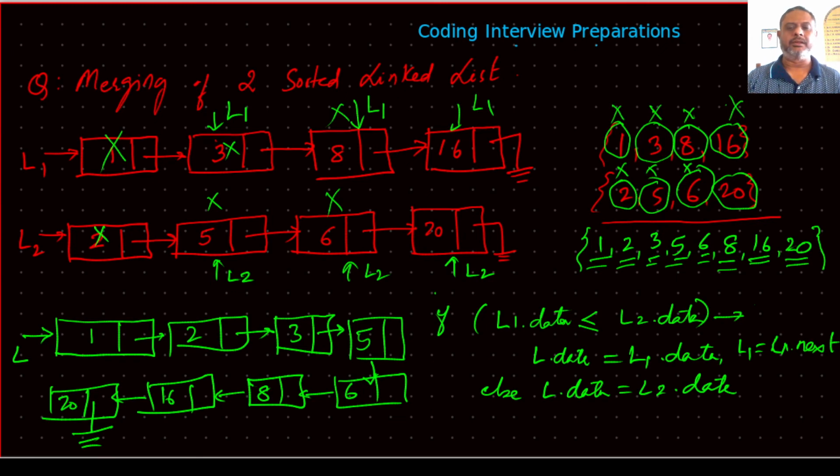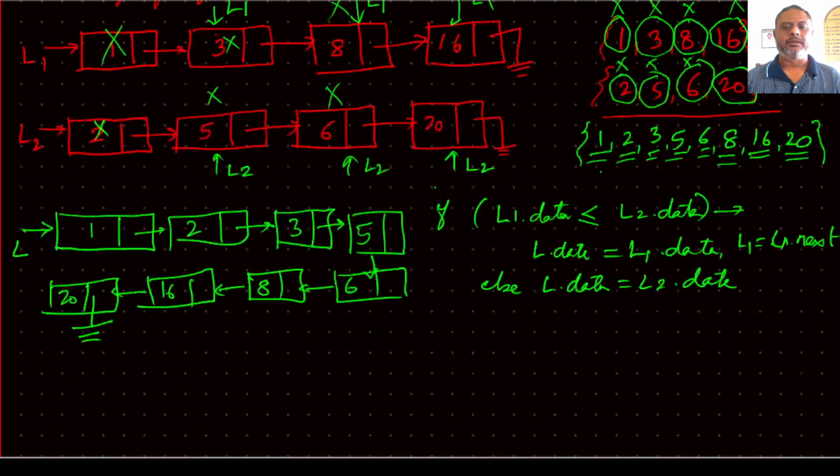So if L1 becomes null, then L dot next is the same as L2. Wherever L2 was pointing, from there the whole thing you just append.